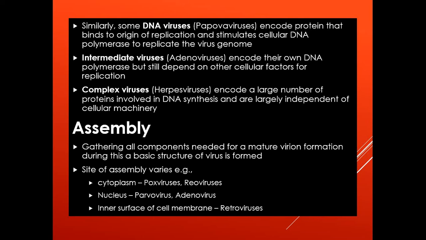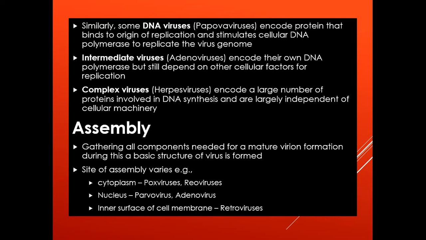Intermediate viruses like adenoviruses encode their own DNA polymerase but still depend on cellular factors for other activities like replication. Complex viruses, like herpes viruses, encode a large number of proteins involved in DNA synthesis and are largely independent of the cellular machinery.